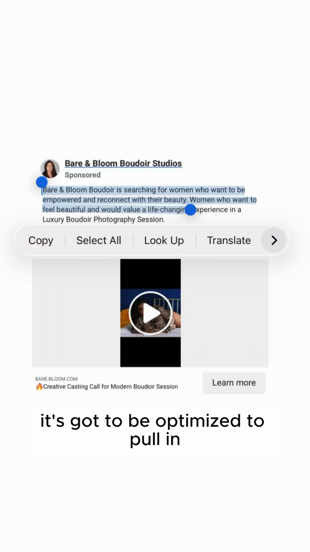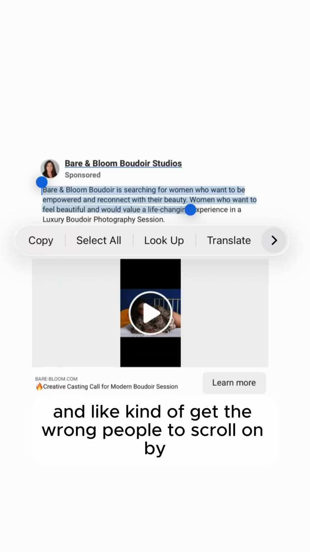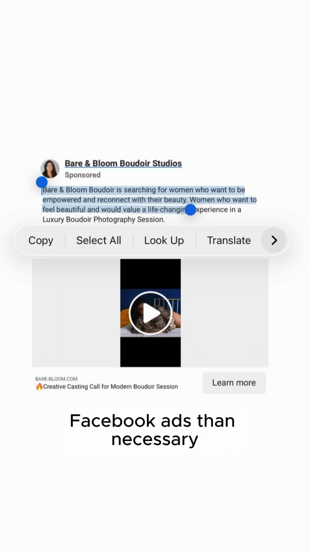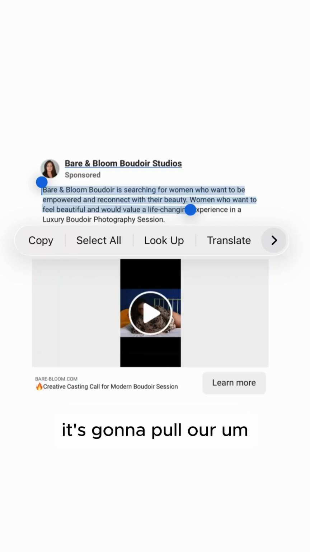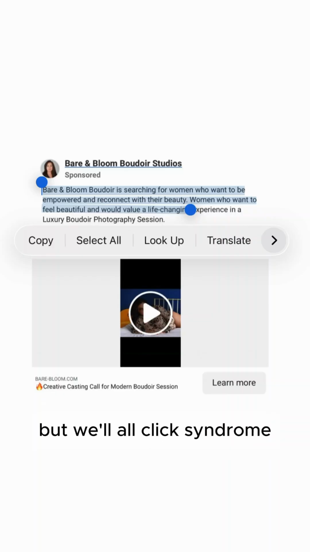It's got to be optimized to pull in the optimized amount of people for our ad spend and get the wrong people to scroll on by. So, consequence of this, way more people are going to be scrolling by our Boudoir Facebook ads than necessary. It's going to pull our unique CTR under 6% and contribute to BLCS, Boudoir low click syndrome.